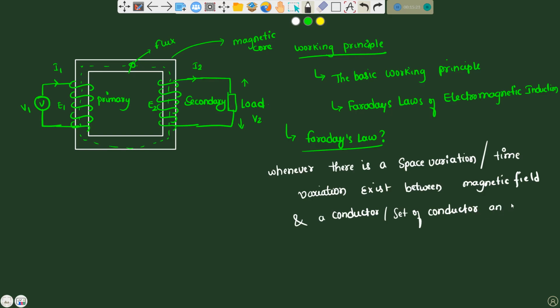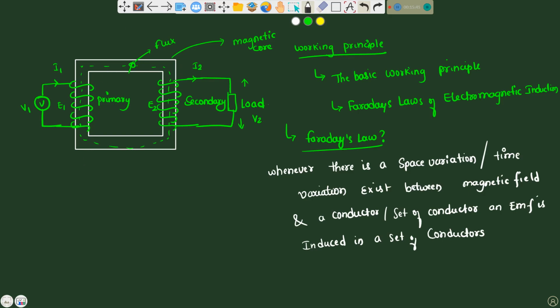An EMF is induced in the set of conductors. This is what Faraday's law says, as we discussed in the previous session.